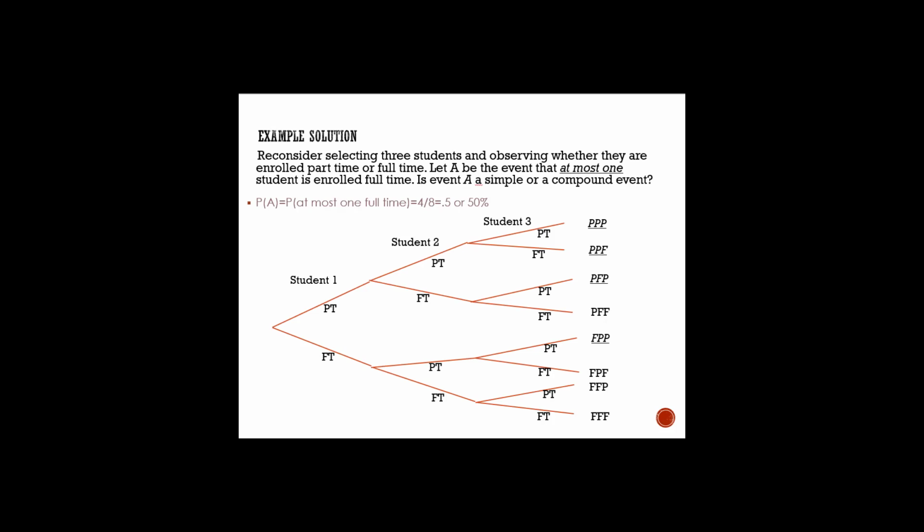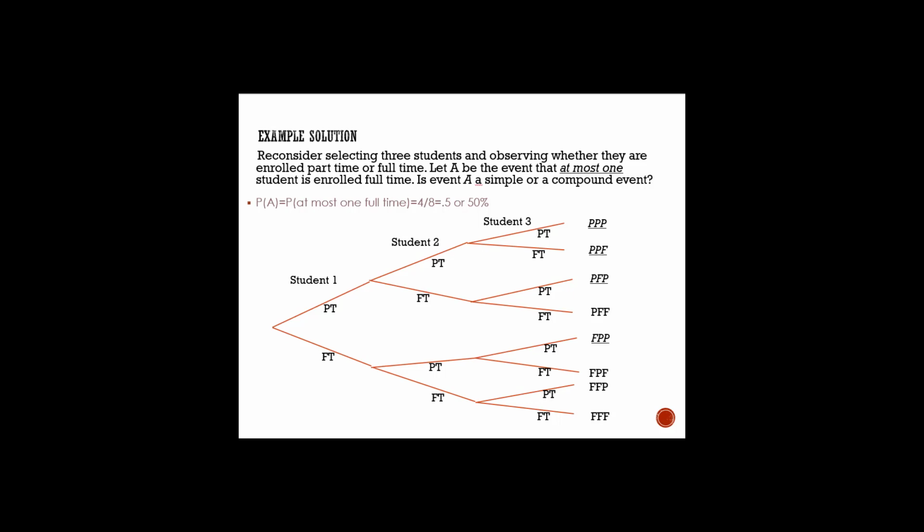Let's start talking about events by looking back at the tree diagram that you drew on the previous page. These are our 3 students, and these are the possible outcomes, and I've listed them here for you. And the event that we're interested in is the event that at most 1 student is enrolled full-time. Now, I've done this one deliberately because this is the most confusing wording that you will see when looking at probabilities, when they ask you at most 1.